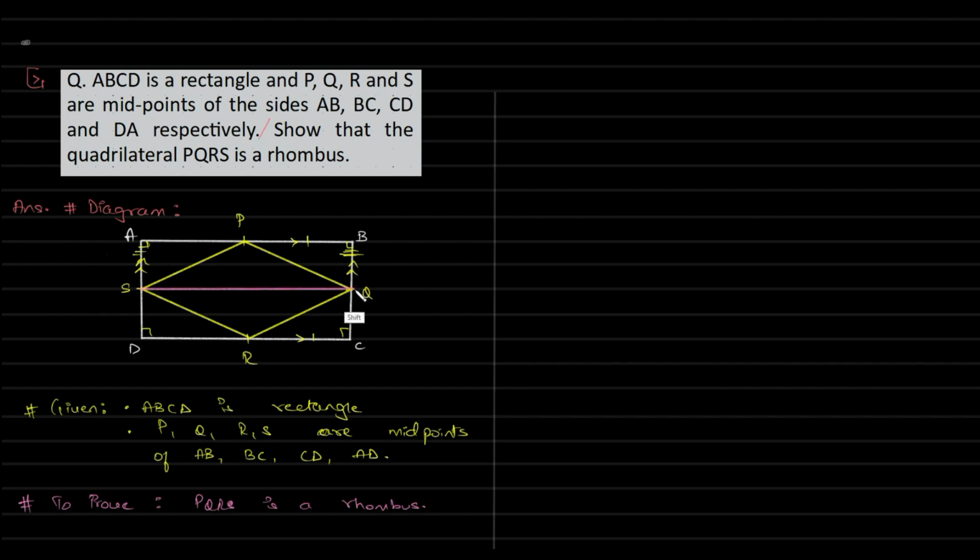So if I join this and join this, they intersect each other at an angle of 90 degree. So now figure out how do we prove this. You guys know the properties. I've listed the properties. So prove that all the angles are equal and that diagonals meet each other at 90 degree.